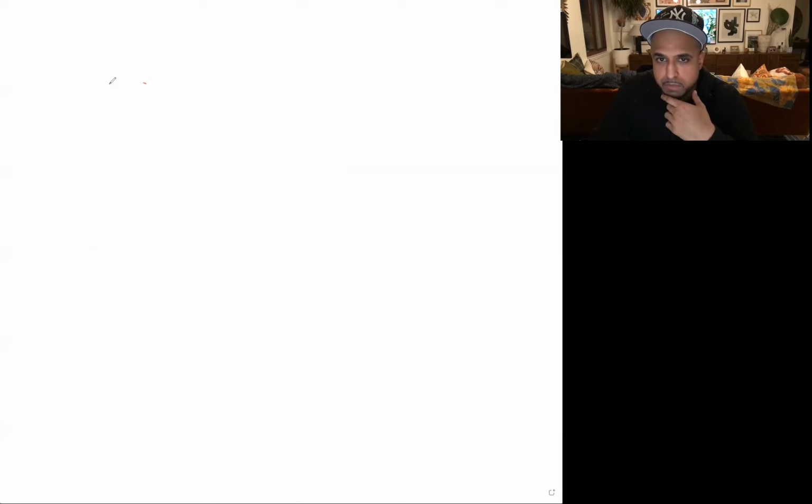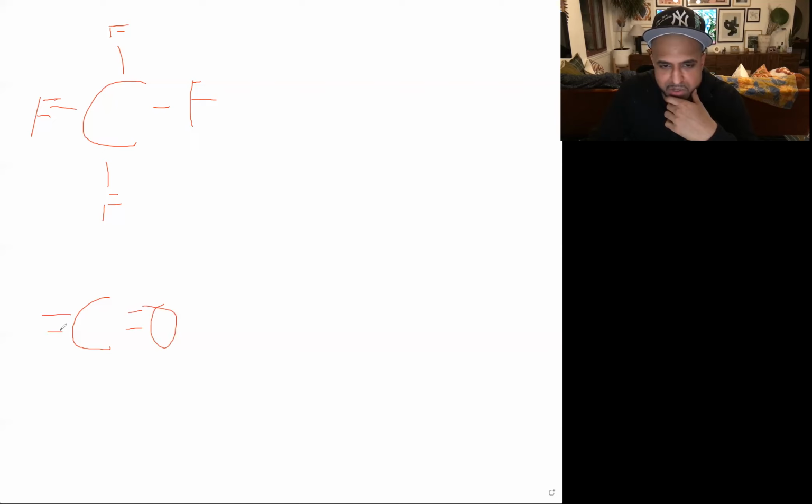So let's try another example. Is this a symmetrical or asymmetrical molecule? Just to refresh, you'll see the same examples 1,000 times. They'll always use carbon dioxide. They'll always use carbon with an element that has 4 around it, right?